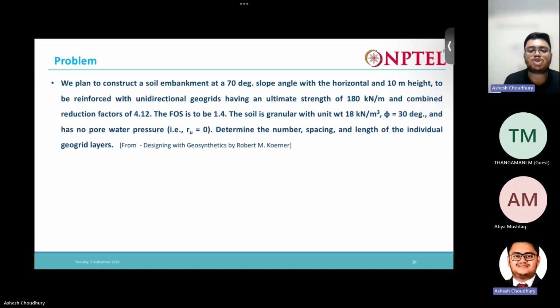The required factor of safety is 1.4. The soil is granular with unit weight 18 kilonewton per meter cube, phi is 30 degrees, and there is no pore water pressure.